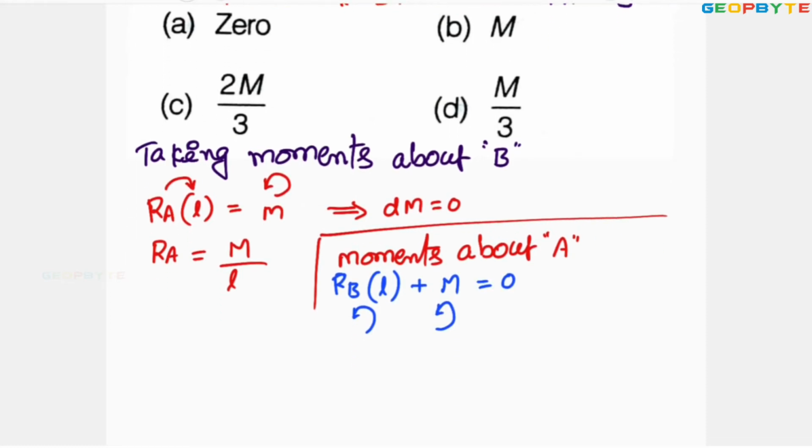For the previous one, we just equated clockwise moments with anti-clockwise moments.